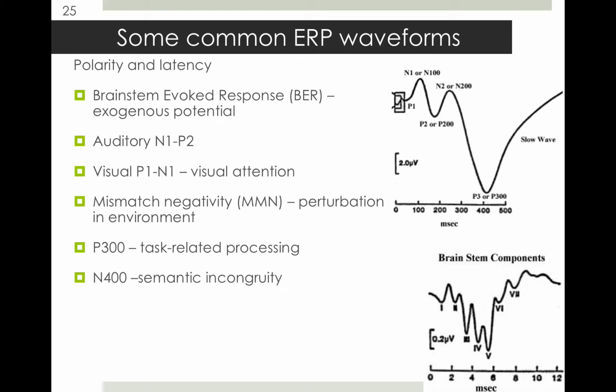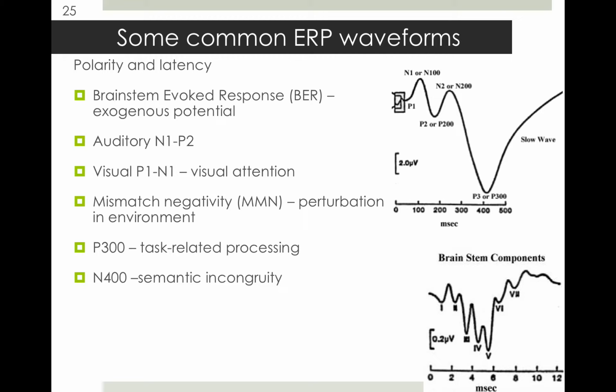You're supposed to press a button whenever you see anyone from Wesleyan and not Amherst. Whenever you're doing something task-related, about 300 milliseconds after the stimulus comes on, you get a positive waveform in the event-related potential. That's why it's called a P300. It's a positive waveform around 300 or more milliseconds after the onset of a stimulus that is task relevant, that you're supposed to respond to.